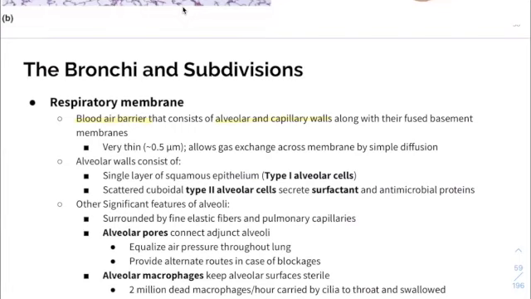And because the walls are so thin, everything occurs through simple diffusion. Means it just moves across that membrane without any use of ATP. So as I've said, it's a layer of squamous epithelium.